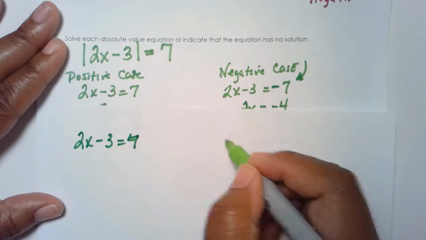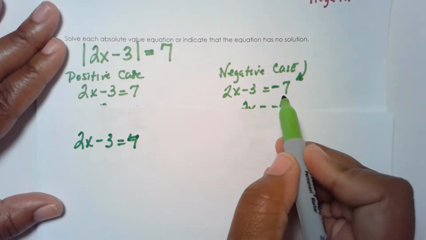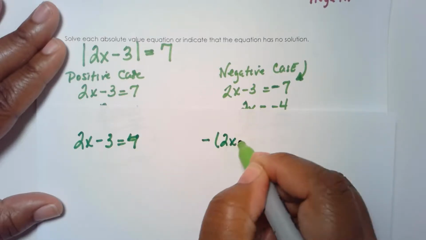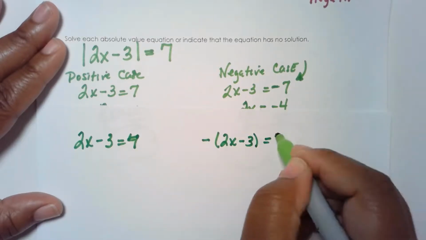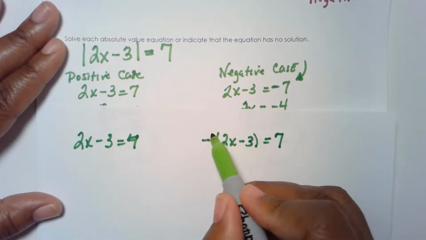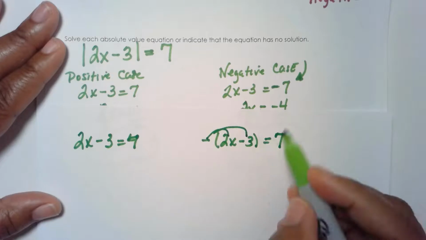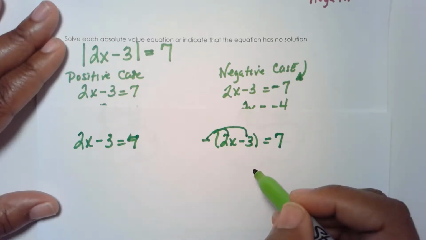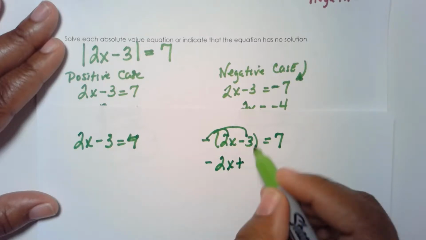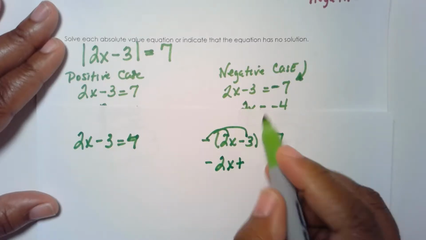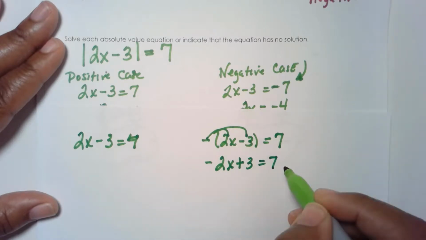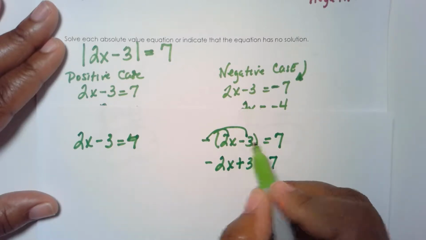But for your negative case, instead of setting it equal to -7, we can take the left hand side and represent it as the negative component. What you would have to do is take that negative and distribute it to both terms, and you have -2x plus 3 equals 7. It is one or the other, but not both.